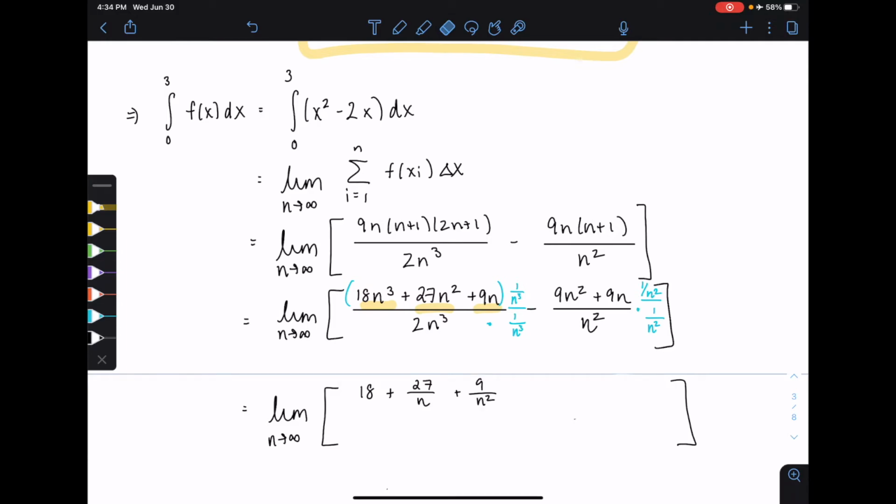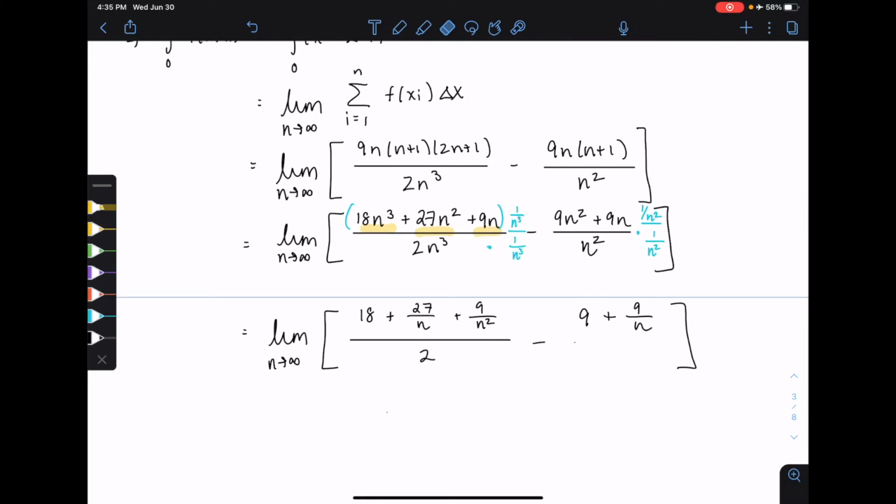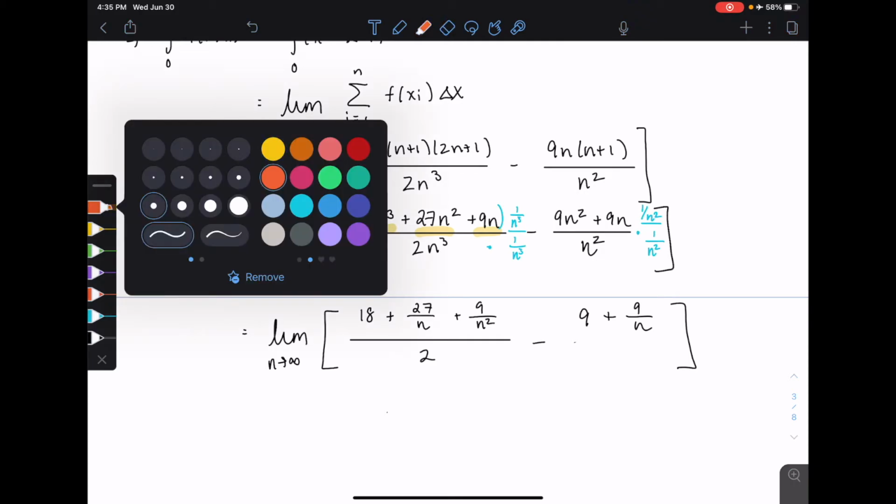And 9n over n cubed is going to leave you with an n squared in the bottom. And then 2 is going to be what's left in the denominator because n cubed over n cubed is going to disappear. For our second expression, when you divide everything by n squared, you're left with 9 plus 9 over n in the top, 1 in the bottom, and now you have no problems letting this go to infinity.